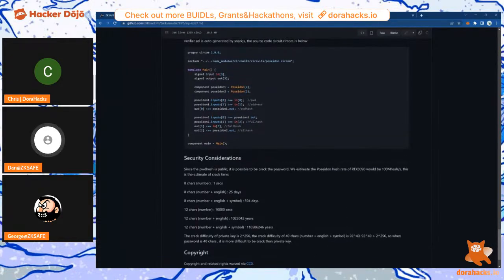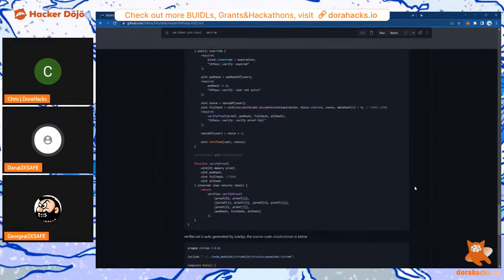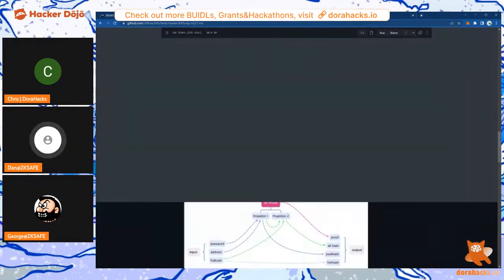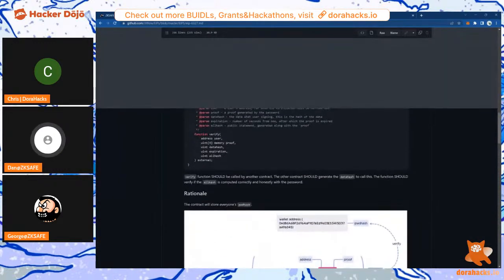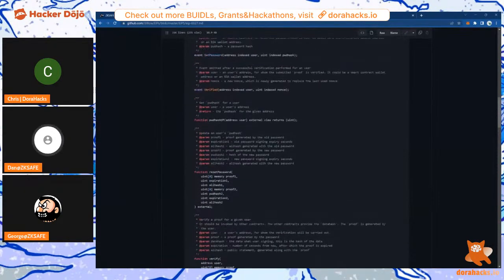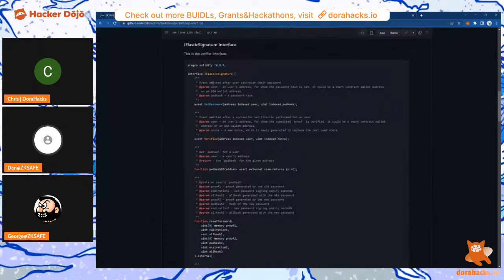Also, our password is changeable and can be updated. If you want to be secure, I think changing it is a good way to start. And the concept itself is very familiar from our Web2 experience, when you have to enter a password to log in to your email account.